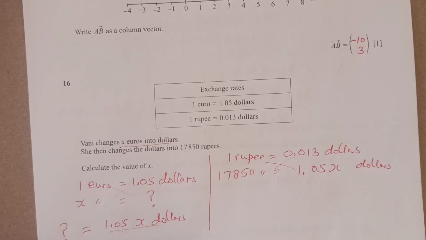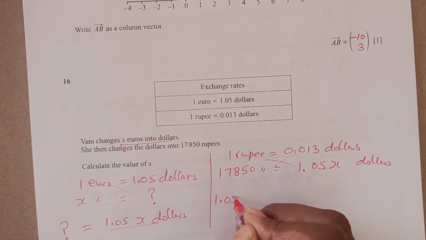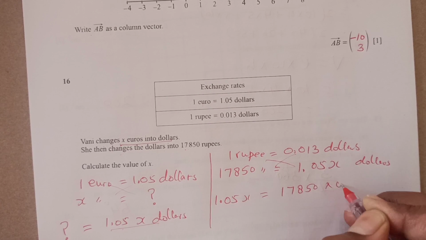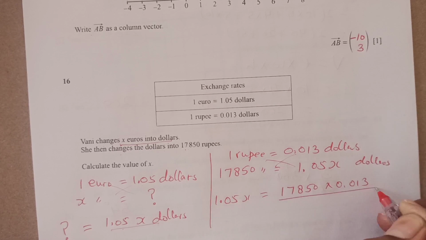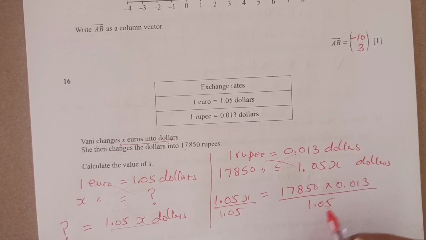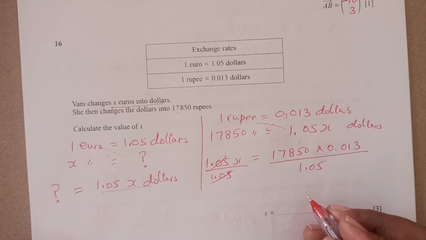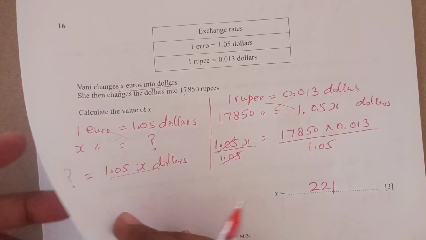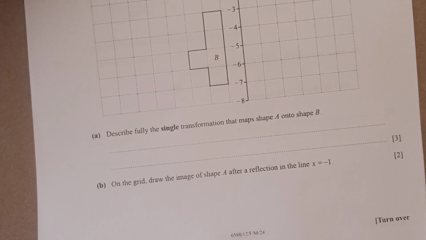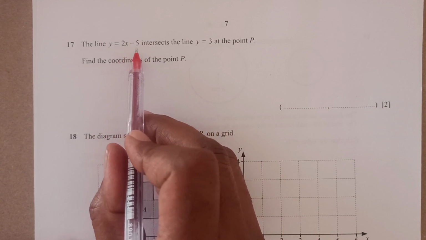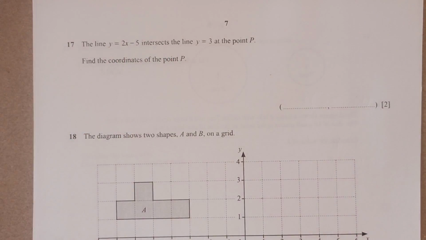Now you cross multiply to get the value. So 1.05 X equals 17,850 times 0.013 divided by, then we just cross multiplied, then 1.05. So we will get the value of X, which comes out to be 221, right?